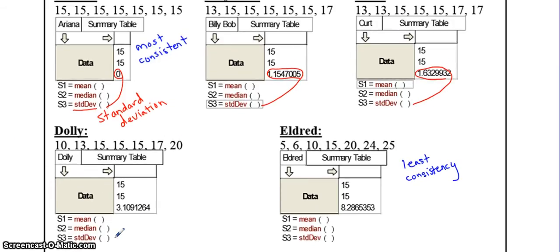So that puts her standard deviation a little bit higher. And Eldred, you can see here none of his numbers are the same. He's got the biggest spread, least consistency. Least consistency means higher standard deviation.